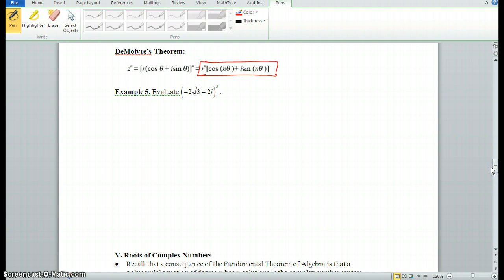So example 5. Evaluate negative 2 root 3 minus 2i all to the 5th power. Okay, so we are going to use de Moivre's theorem here.